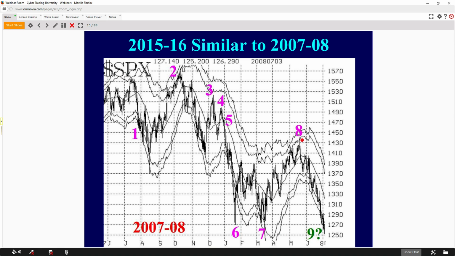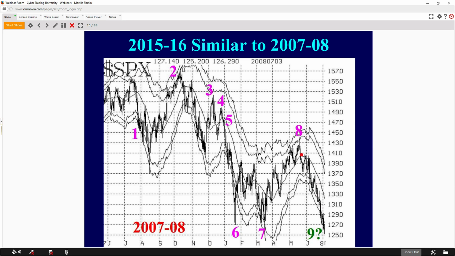That rally peaked out in 2008 there in May, and by July, it had already broken through the January lows. I'm not saying that we're necessarily going to break through the January lows from here, but it is a possibility. You can see that things can turn on a dime, as they did then, and they certainly could do that again here.